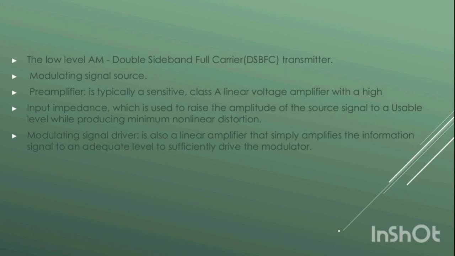Modulating signal source. It's an acoustic transducer such as a microphone, a magnetic tape, a CD, etc. Preamplifier is typically a sensitive Class A linear voltage amplifier with a high input impedance which is used to raise the amplitude of the source signal to a usable level while producing minimum nonlinear distortion.